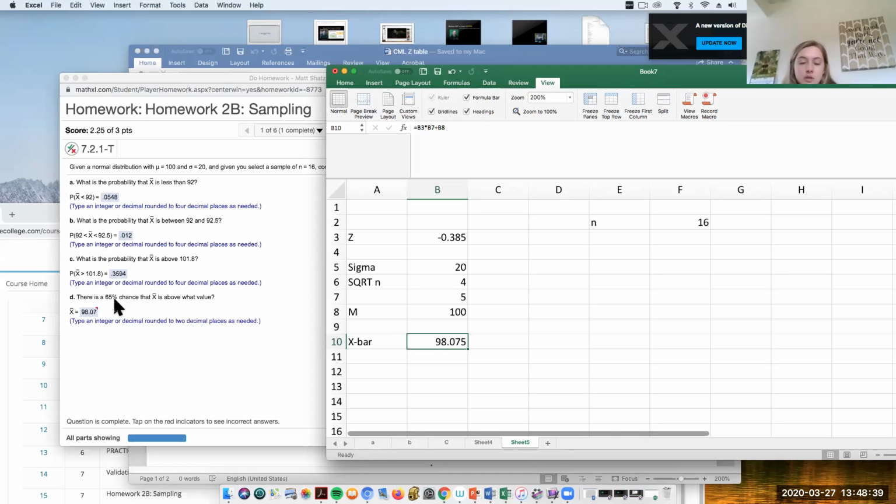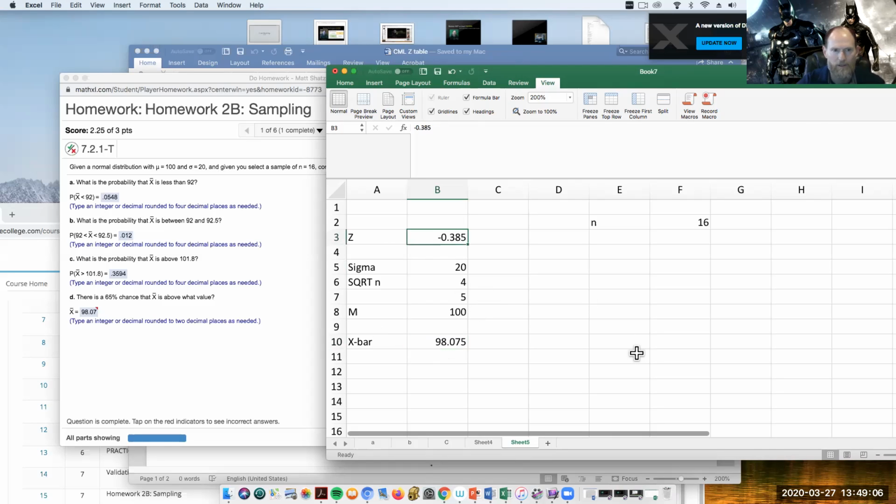So when you're asking for the 65% chance, we want to take the other end of the percentage, because it's asking for the above. Above, okay. So if this question was there's a 65% chance that X is below what value, then I think the answer I had before would have been right. Yeah, exactly.